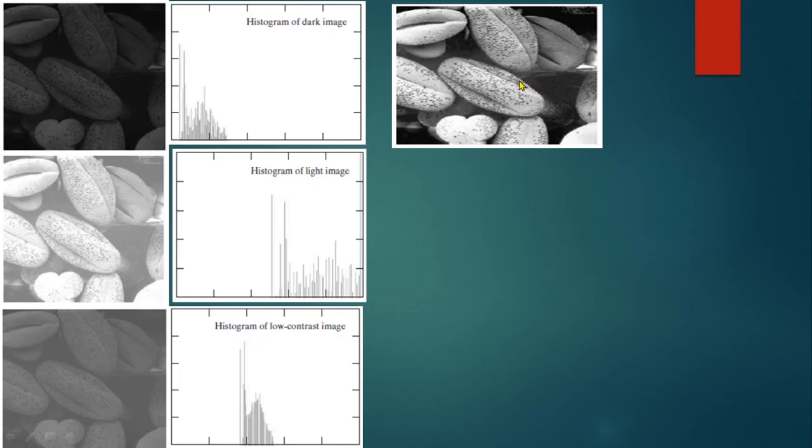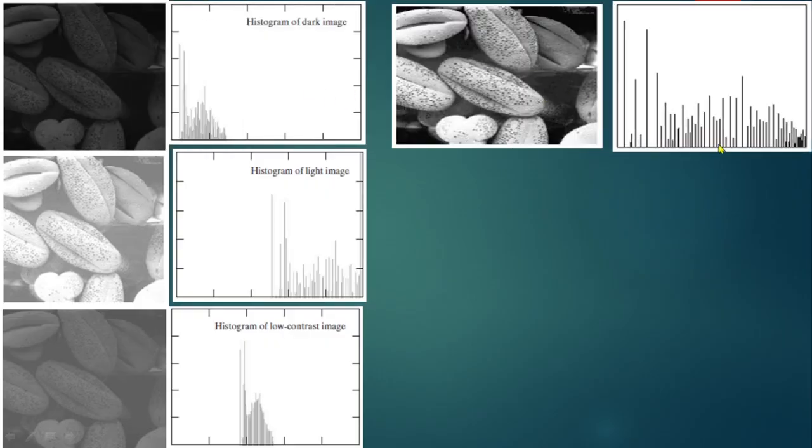It appears like a bright image, high contrast image, or enhanced image. It occupies all intensity levels. Here the intensity levels are low, these are high, and these are medium. So if you get the histogram of this image, it occupies all intensity values from the low level to the high level. So we get this enhanced image.